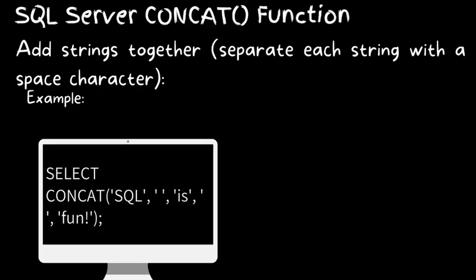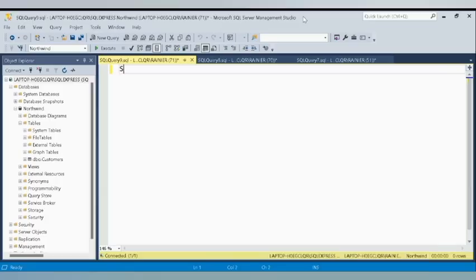But what if we add strings together and separate each string with a space character? For example, select concat open parenthesis single quote SQL single quote, then single quote space single quote, then single quote is single quote, then single quote space single quote, then single quote fun single quote close parenthesis and semicolon.